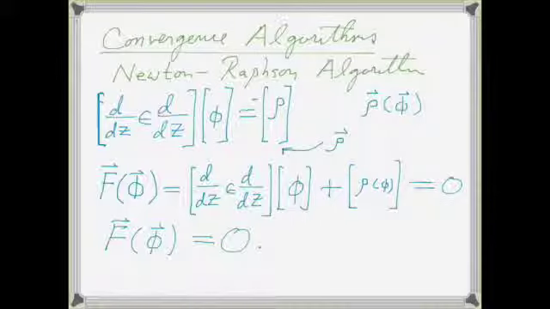When everything's converged, this is by definition true. So this is what you're trying to obtain. You're trying to obtain the solution where this uppercase F equals 0. And so the Newton-Raphson scheme goes like this. At each step, you're trying to move in the direction towards this solution.